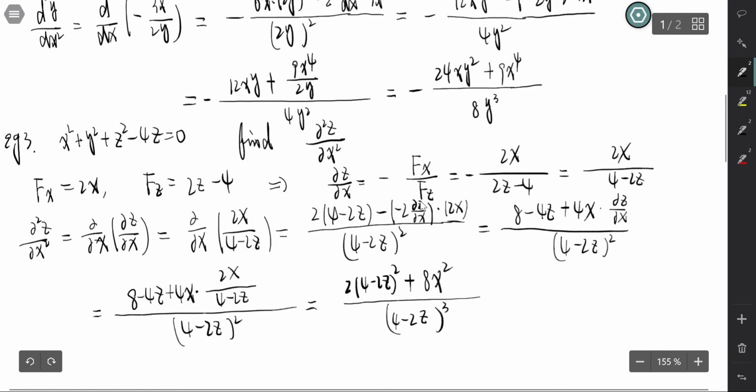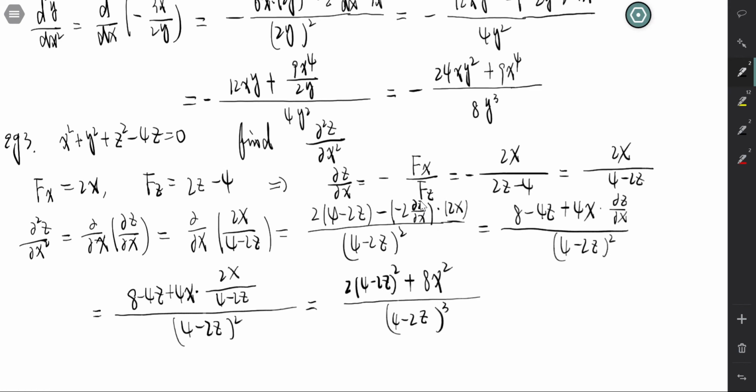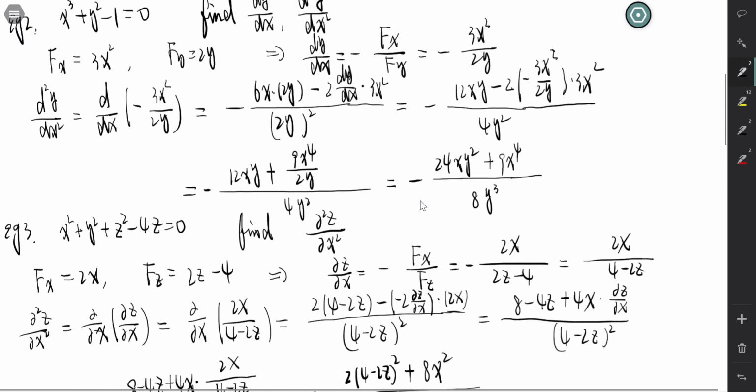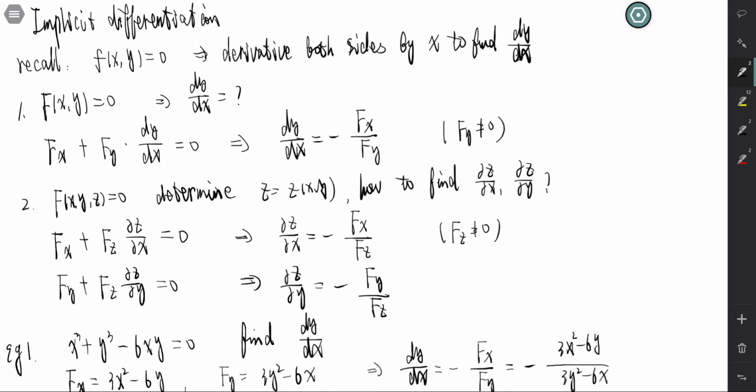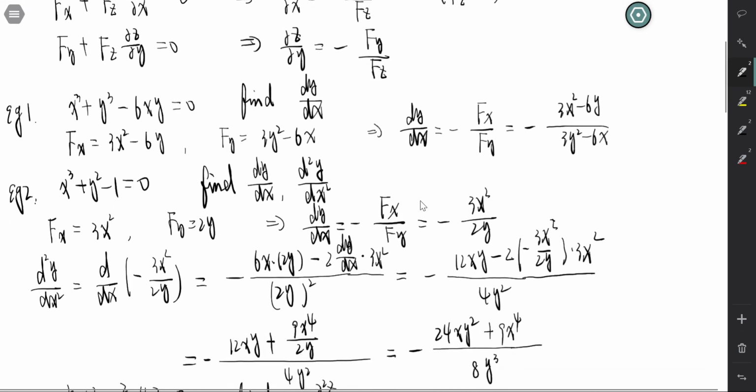That's the solution. Actually, the trick is the same as single variable calculus here. Okay, that's the implicit differentiation.